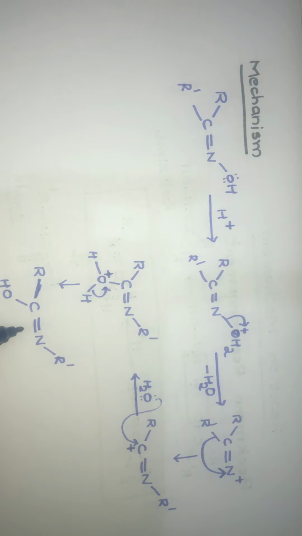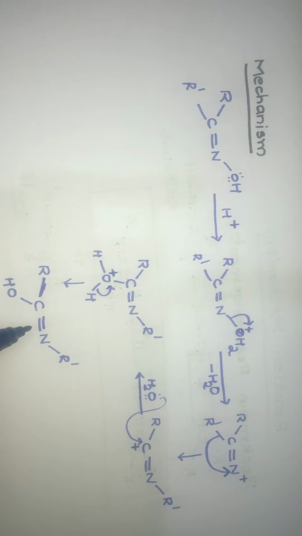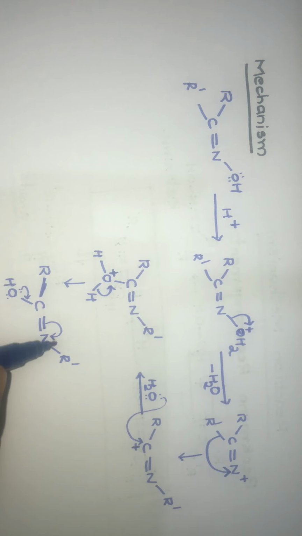Okay, this molecule is formed. This contains lone pair of electrons. So the electrons move here, forming a double bond. So carbon valence will be 5. This double bond moves here, forming a negative charge. Anyhow, this has formed a double bond.